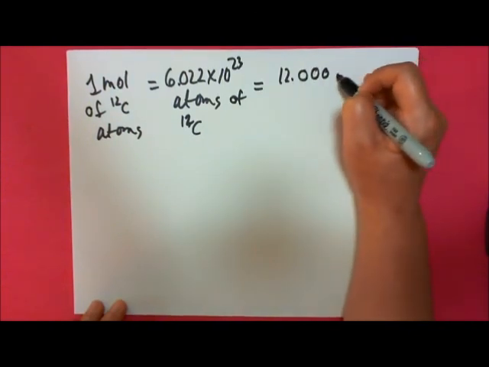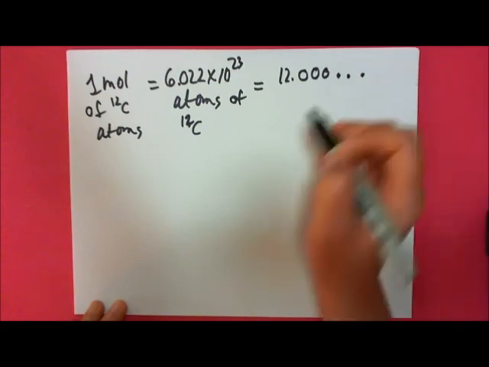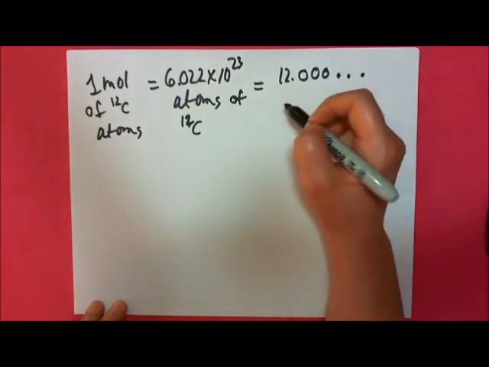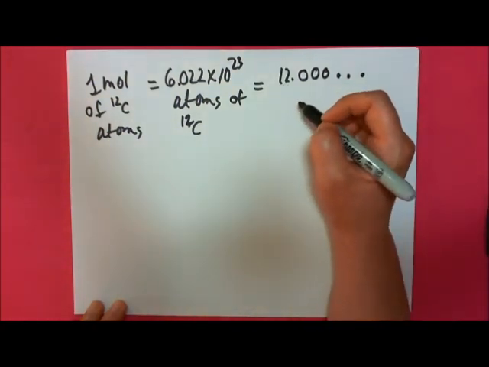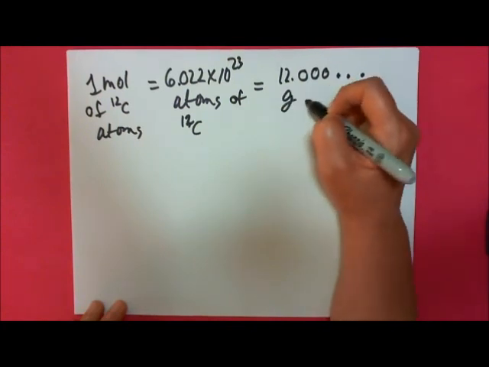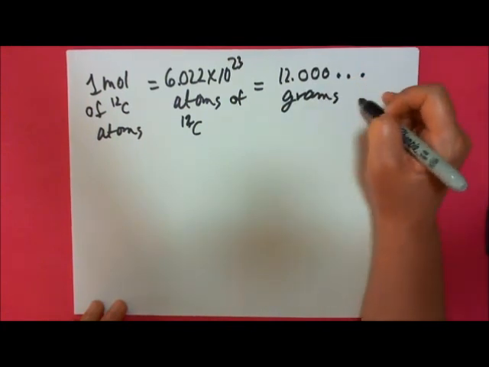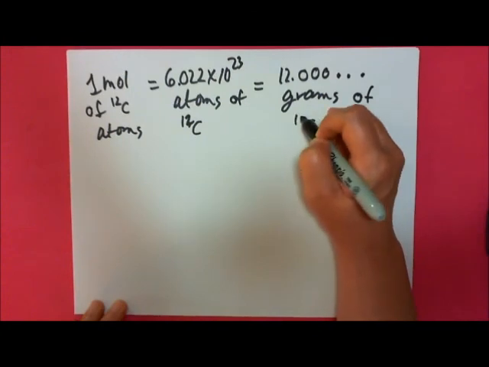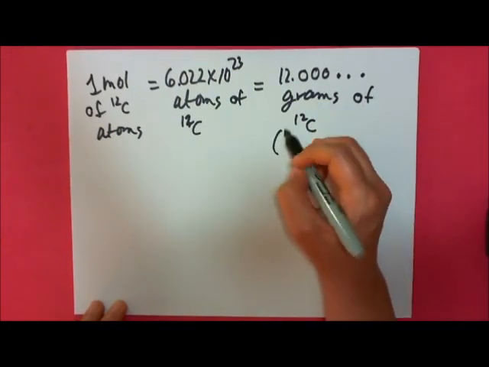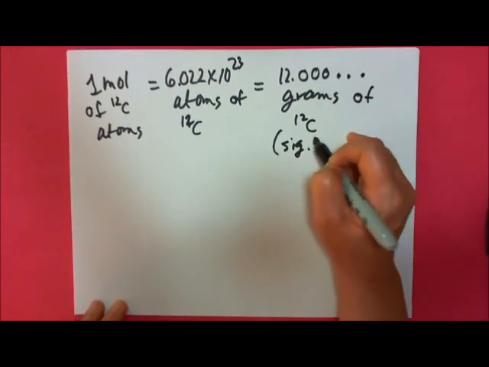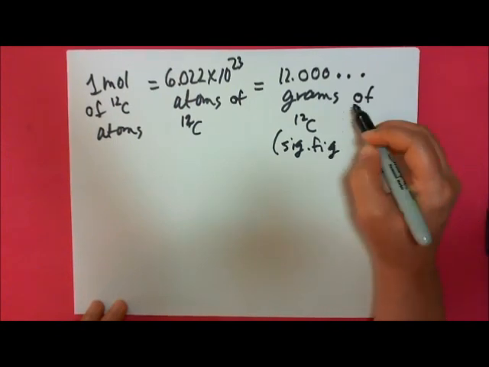12.000, and this would continue to infinity because this is a definition. So an infinite number of significant figures of grams of carbon-12. The reason you have an infinite number of significant figures is because this is a definition.